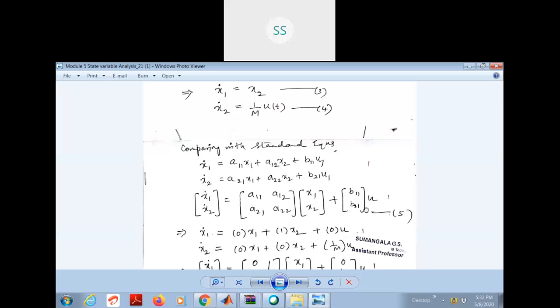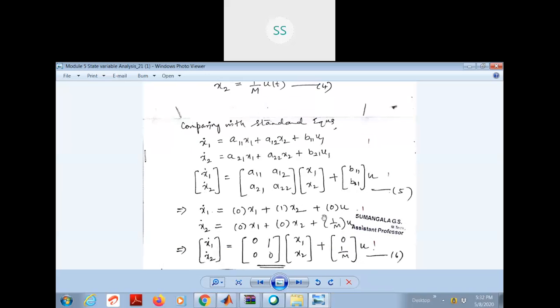Once we represent x1 dot and x2 dot, that is the state equations, in standard notation, we will convert them into their matrix notation. So x1 dot, x2 dot will remain as they are, equal to. Now in place of the coefficients a11, a12, a21, a22, we have 0, 1, 0, 0.